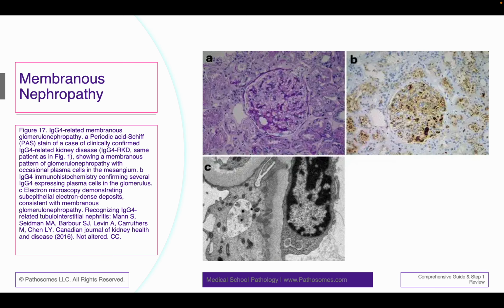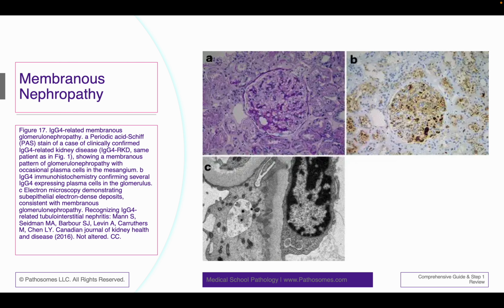And here we have images from the microscopic level showing IgG4 related membranous glomerulopathy. In A, we utilized a PAS stain. B, you can see IgG4 IHC confirming the several IgG4 expressing plasma cells that were present in the glomerulus.